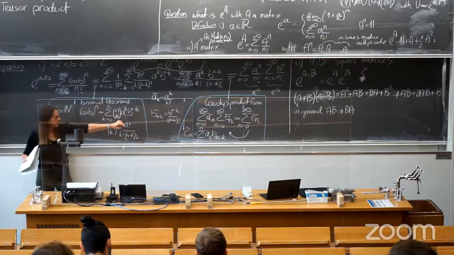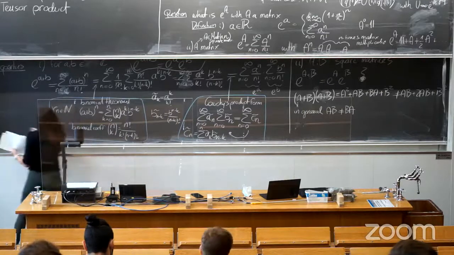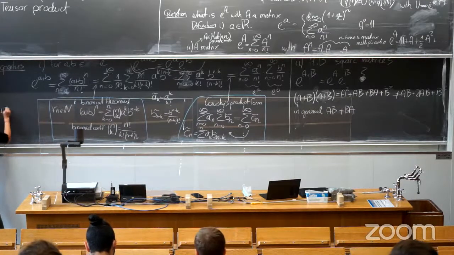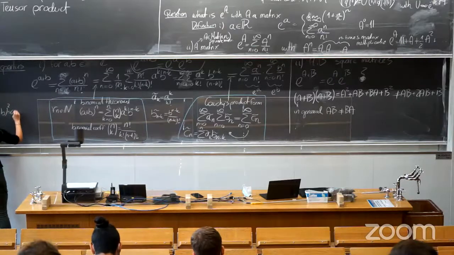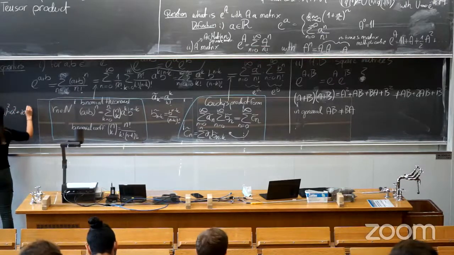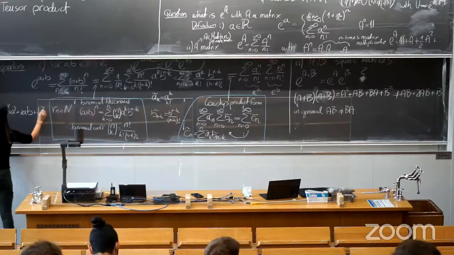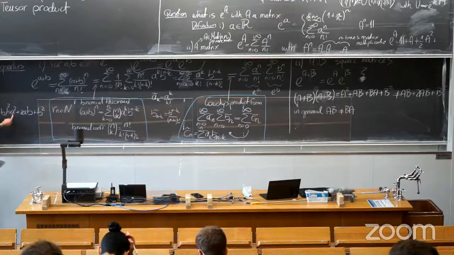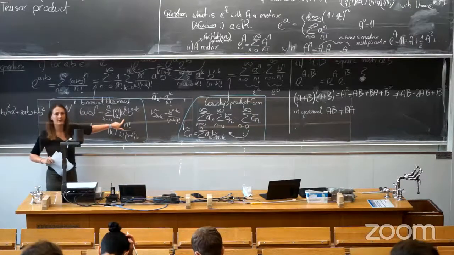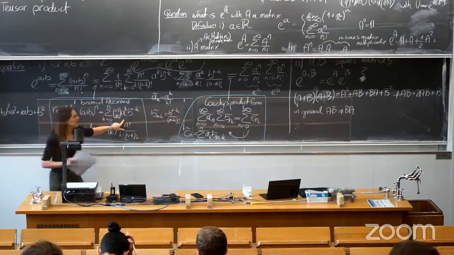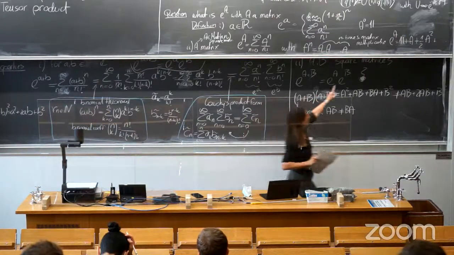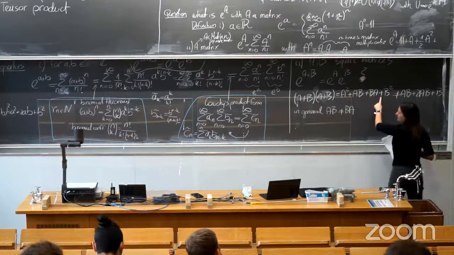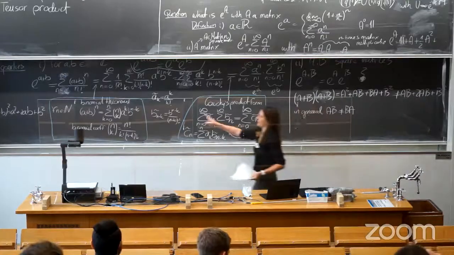So here A plus B squared equals A squared plus 2AB plus B squared, and this is exactly the form I obtain here. For matrices, if I put this here, I cannot write it like that.